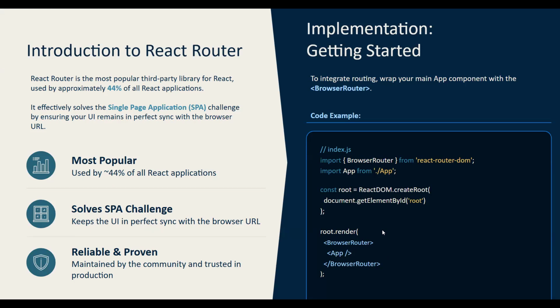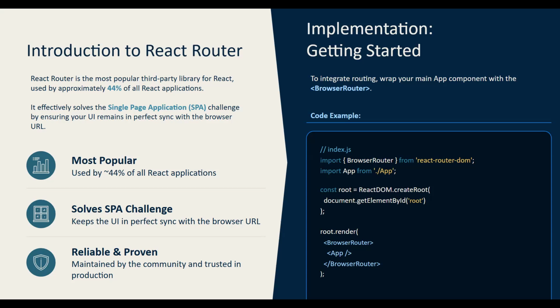To start using it, the first step is to make sure that the React Router library is installed using npm install react-router. Once you have installed it, you can wrap your application with BrowserRouter, just like you can see in the example on the right.